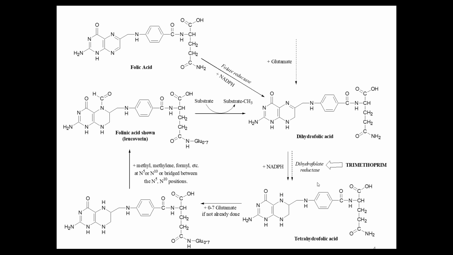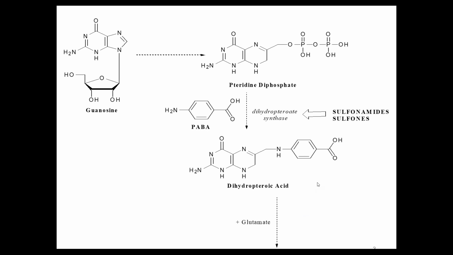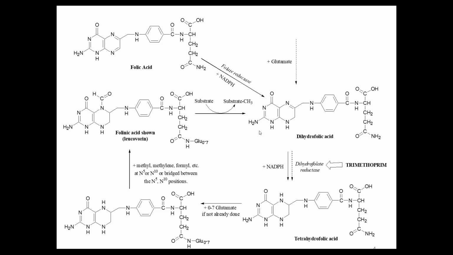Now these reactions or these actions are specific to bacterial cells. Okay, all this conversion, the requirement of PABA, all these reactions which I have told you, are restricted to bacterial cells.